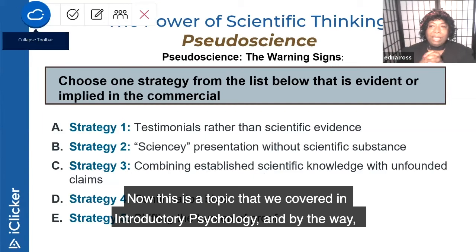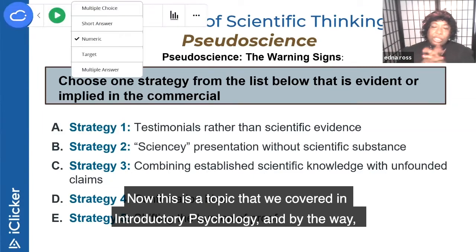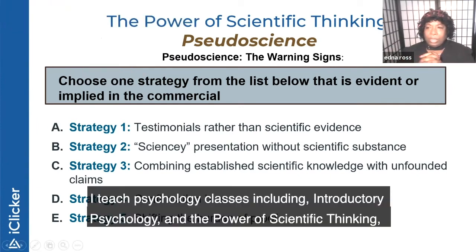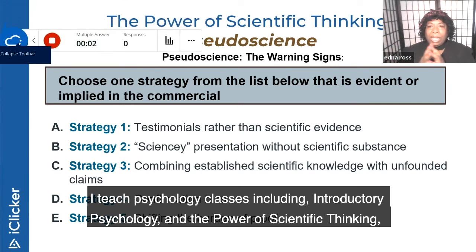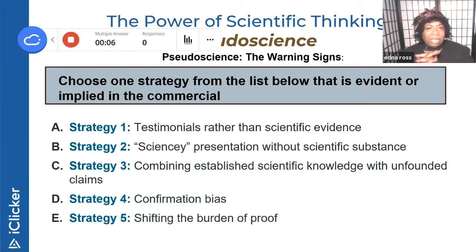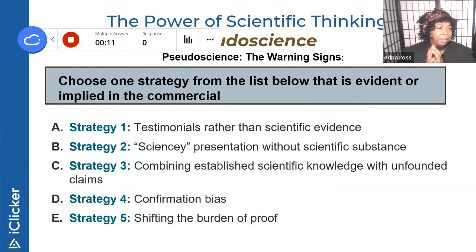Now, this is a topic that we covered in introductory psychology, and by the way, I teach psychology classes, including introductory psychology, and the power of scientific thinking. And then under that heading, I give a lecture on pseudoscience.